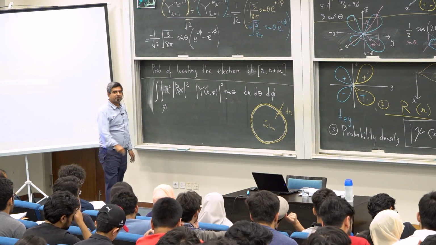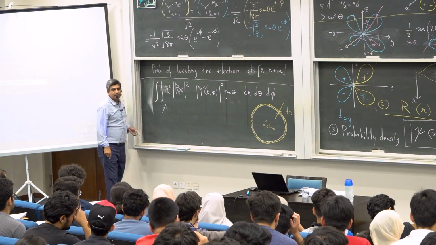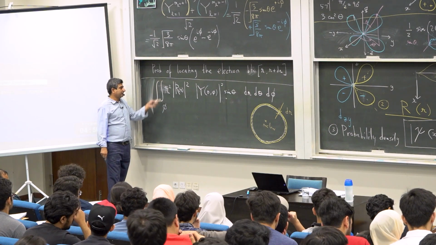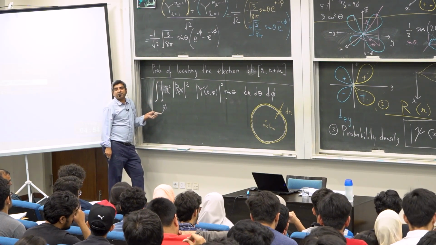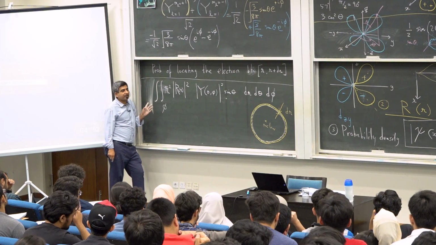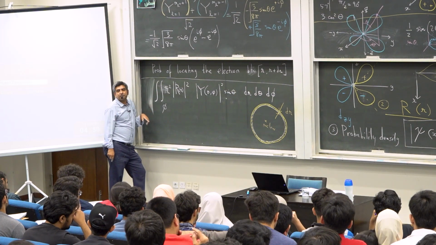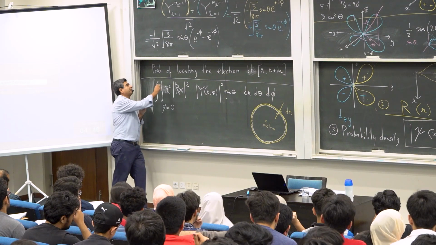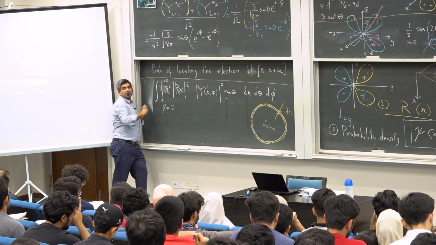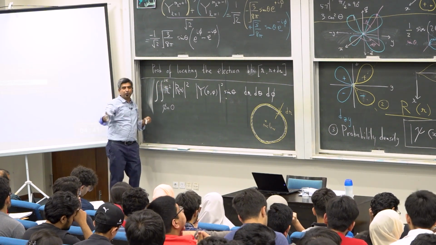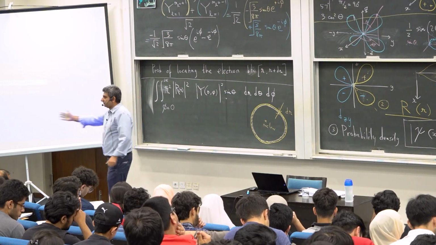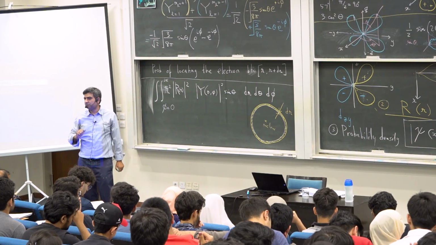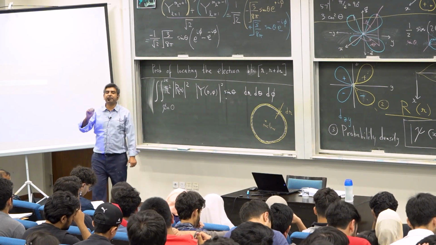So if I want to traverse all the points on this shell, what are my ranges? What is my range for the variables theta and phi? Let's talk about phi first. Phi goes from 0 to 2 pi. So I go all around the circle once. What about theta?